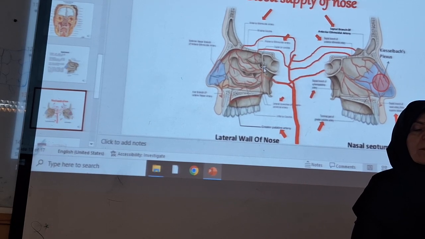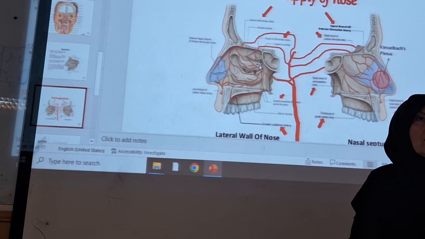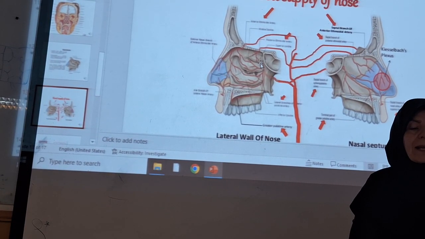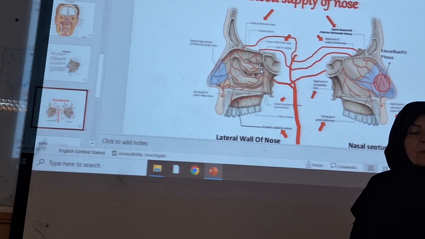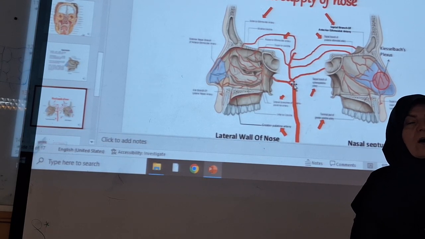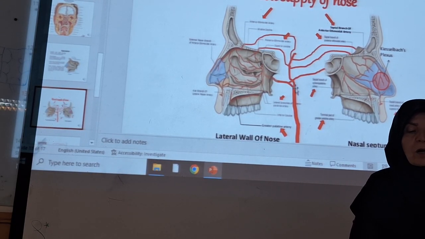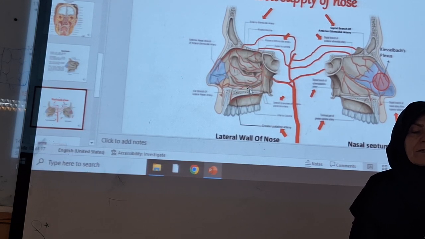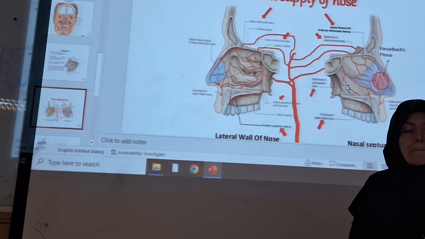The name of this foramen is the sphenopalatine foramen. Through this foramen an artery that we call the sphenopalatine artery is passing. The sphenopalatine artery is the terminal branch of the maxillary artery. The maxillary artery belongs to the external carotid artery. Okay? Now, the sphenopalatine artery enters the nasal cavity and has some branches for the lateral surface and some branches for the medial surface.